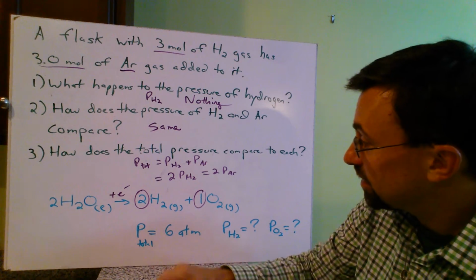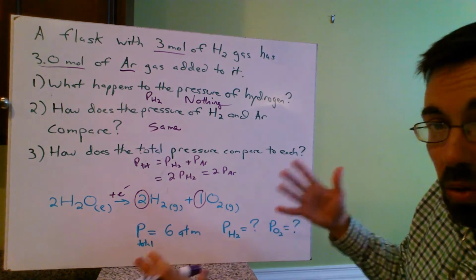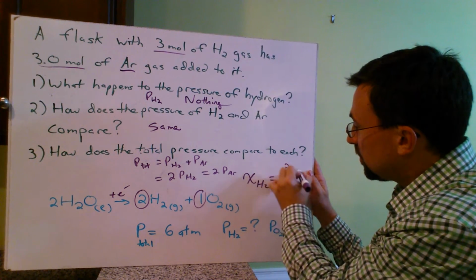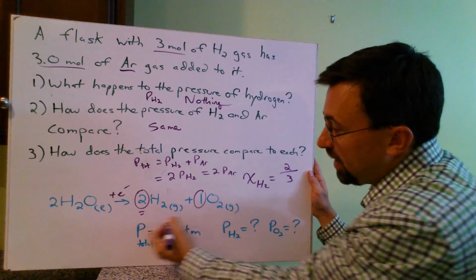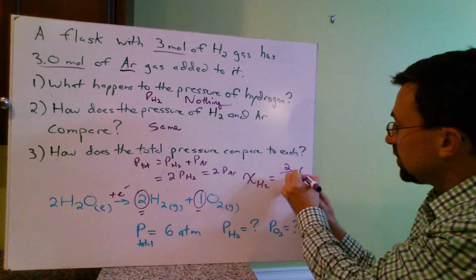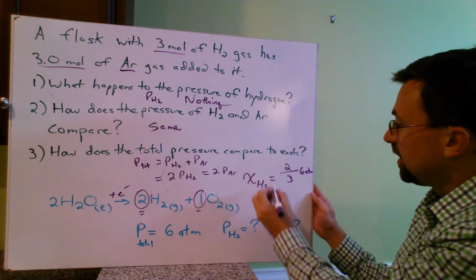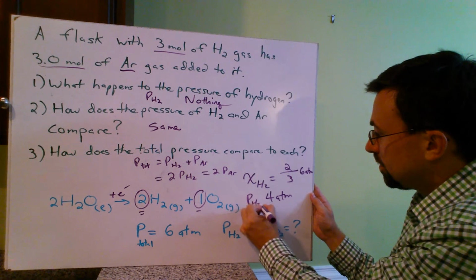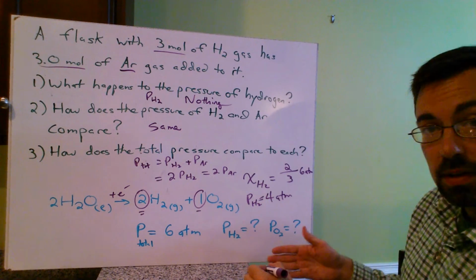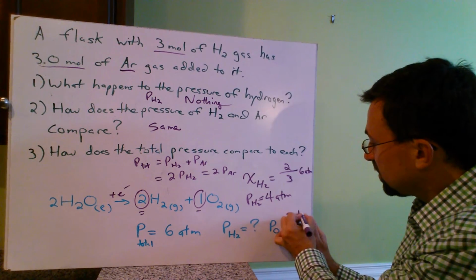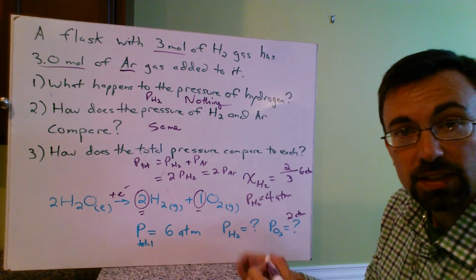Or if we were doing mole fraction, the mole fraction of hydrogen is going to be 2 over 3. 2 moles of hydrogen for every 3 moles total. Multiply that times our total pressure of 6 atmospheres, and all of a sudden we get 4 atmospheres for hydrogen. And we could subtract that 4 from the 6, and that would give me 2 atmospheres for the oxygen. Or we could do 1 over 3 with the mole fraction, so same idea.